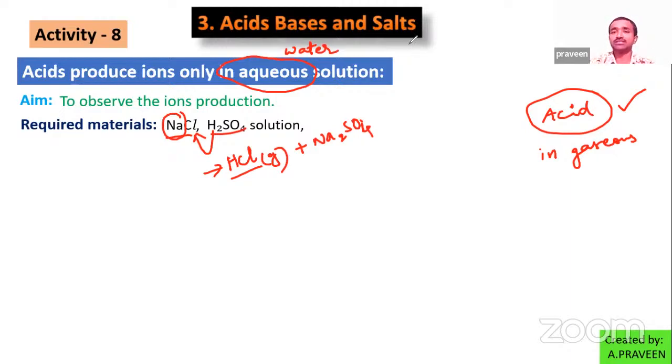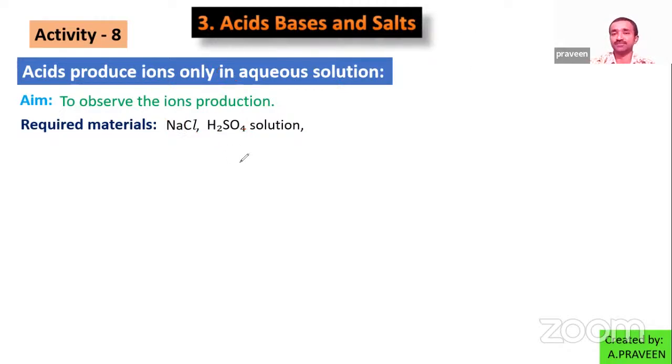We know HCl is an acid. So does it produce any ions or not? We can observe that in aqueous water, in the presence of water. So NaCl and sulfuric acid are taken. Along with that, to conduct this reaction we take a test tube, rubber cork, and delivery tube.